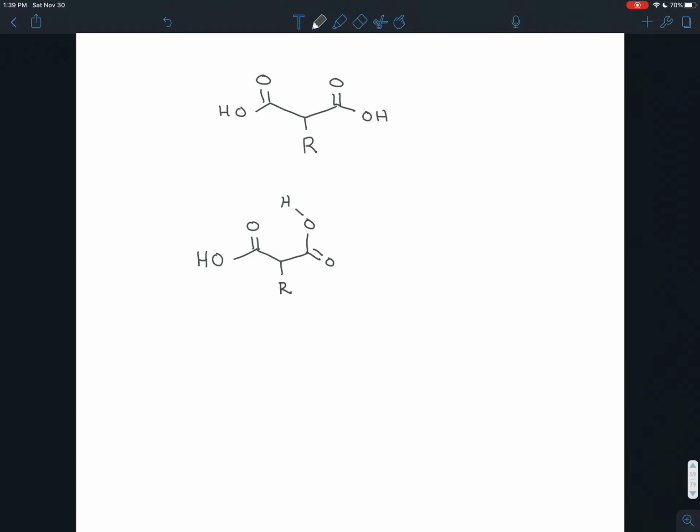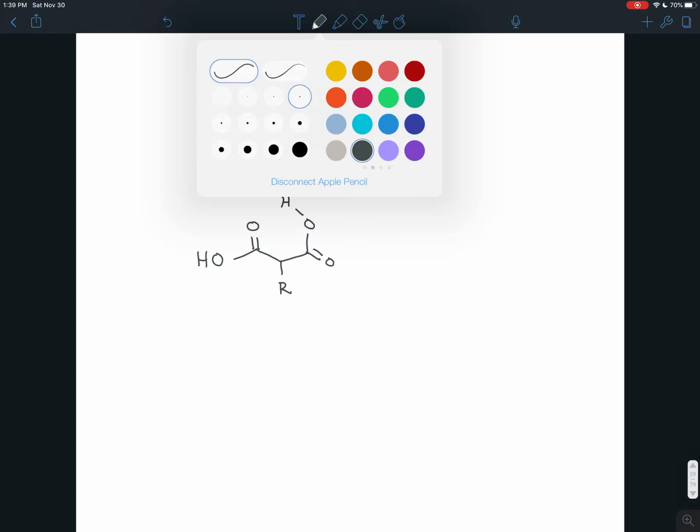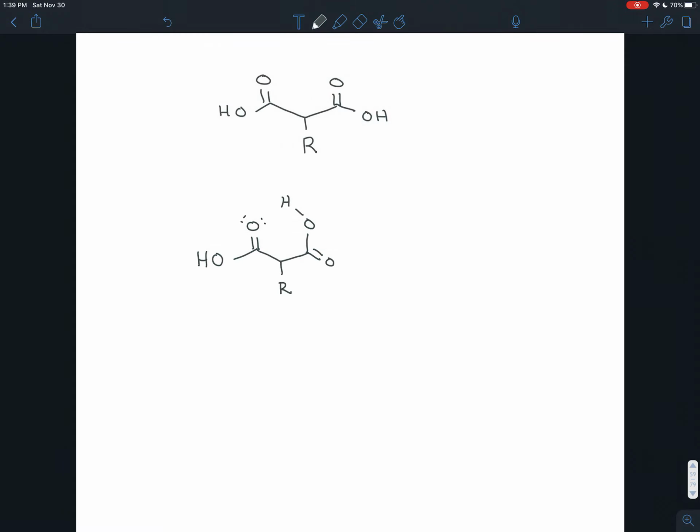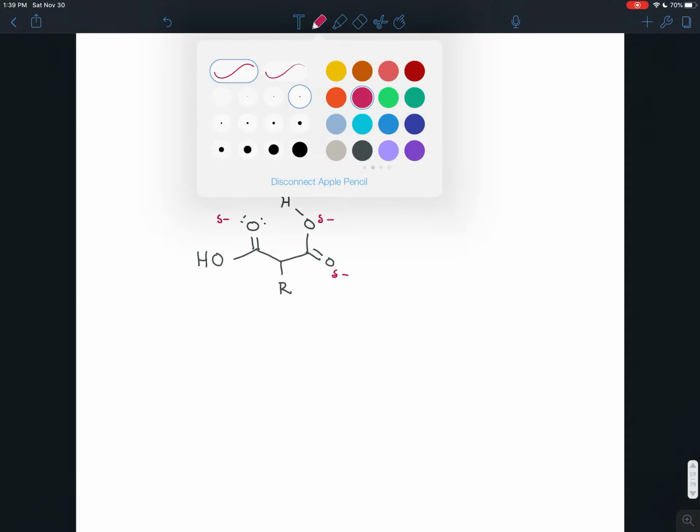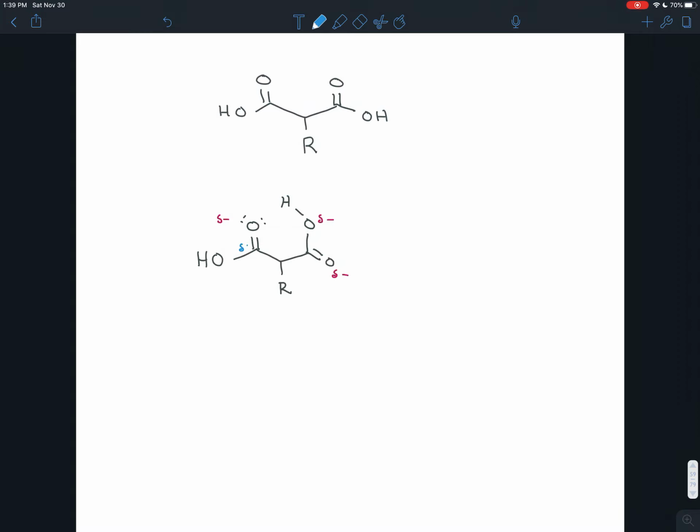So what happens now is a pericyclic reaction. The oxygen in this first carbonyl is slightly negative. So let's actually draw in these charges. The oxygens are slightly negative, and the stuff that they're bonded to is all slightly positive.